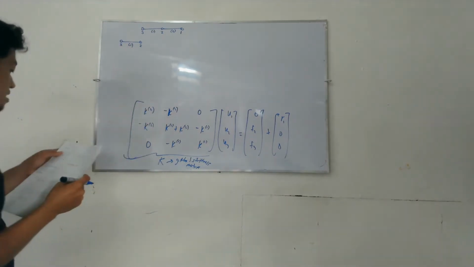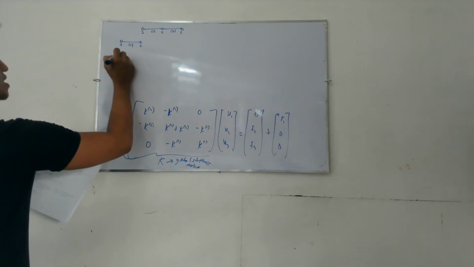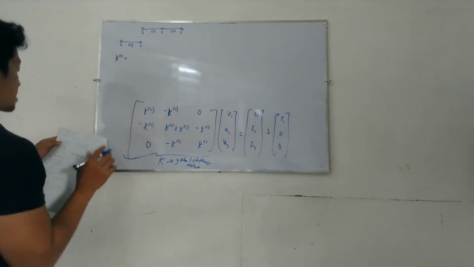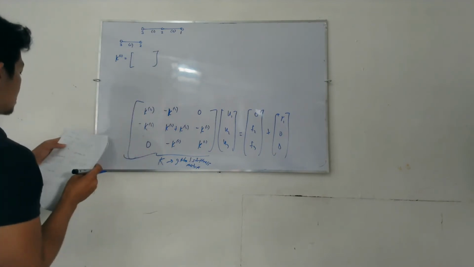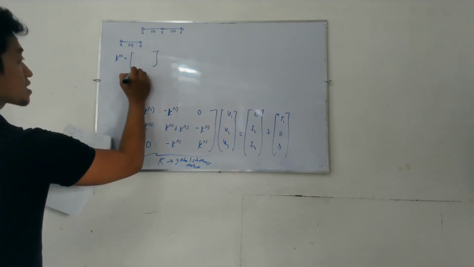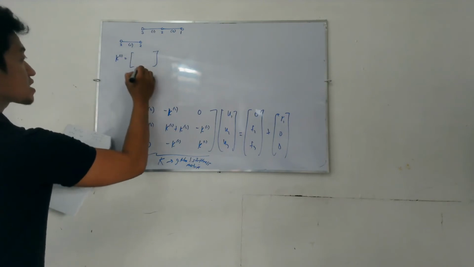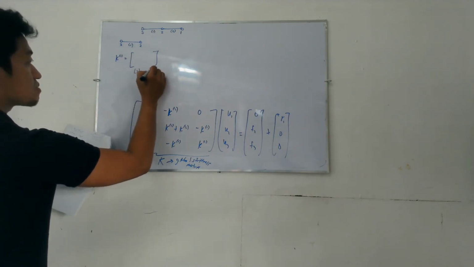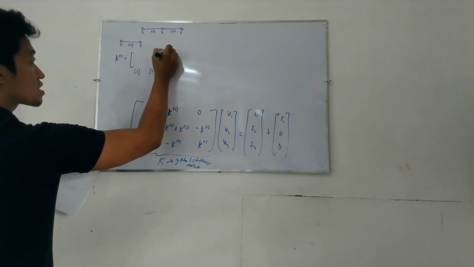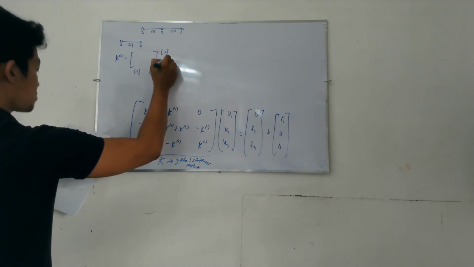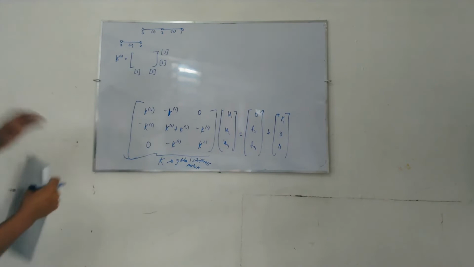Element 1, the stiffness matrix for element 1 is, again, with the numbers here, you copy it: 3 to 3.